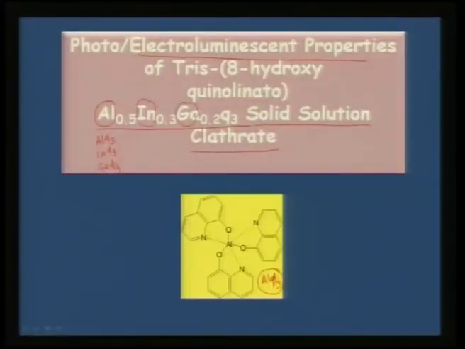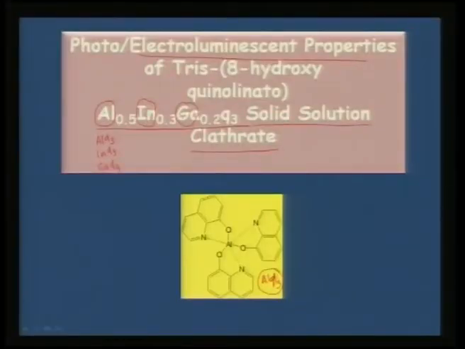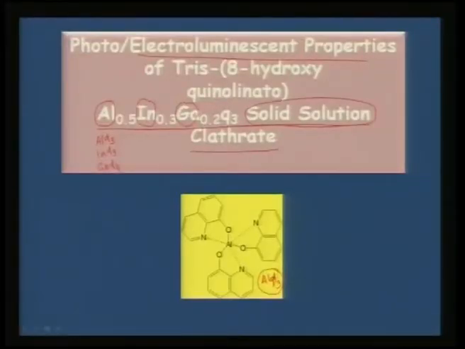And this is possible only if there are some number of molecules in a single unit cell, then you can distribute atomically all these 3 atoms, and in that case you can get all 3 atoms in one molecule, which we call solid solution. And this is possible because there is one polymorph which is called a clathrate. Clathrate is a caged structure, or it is a larger molecule with pi stackings, and I will show you some of the features of it.